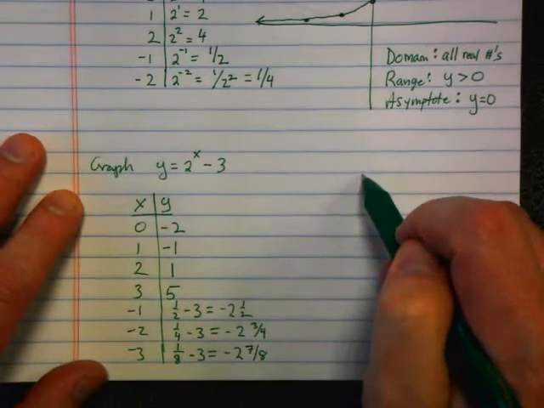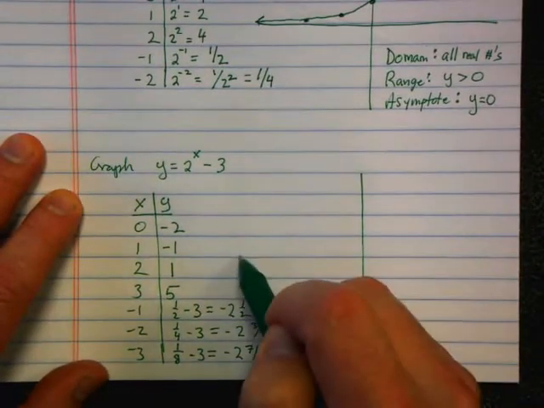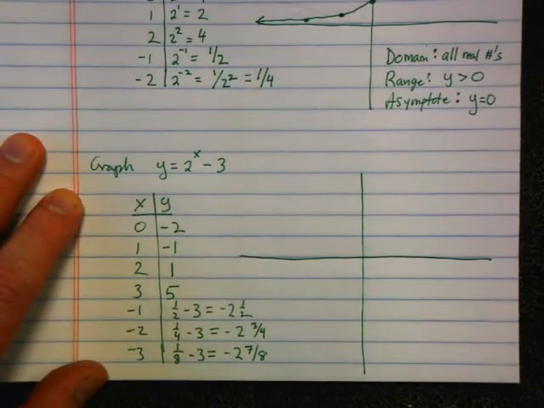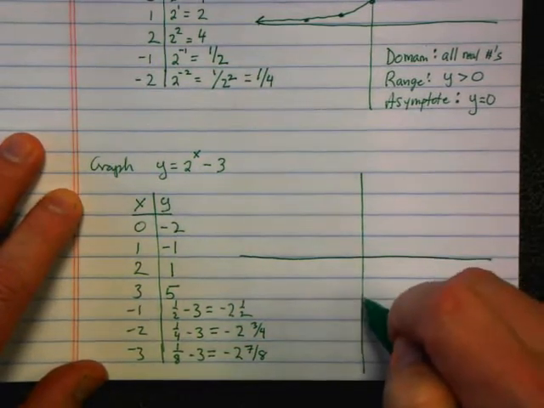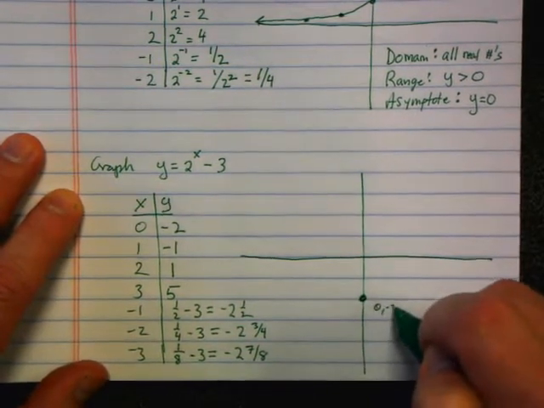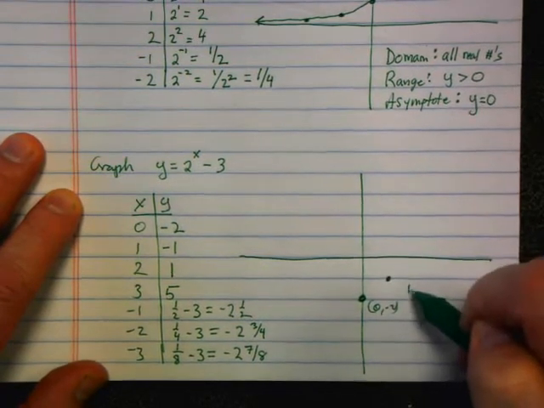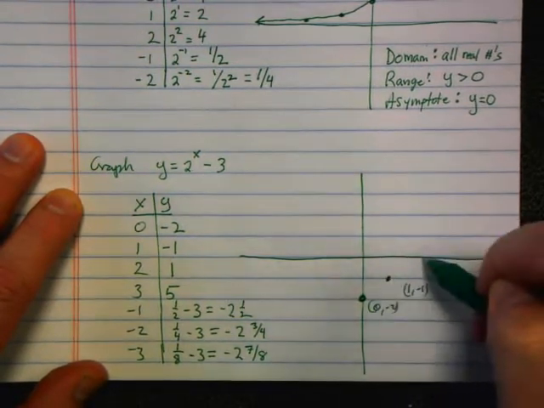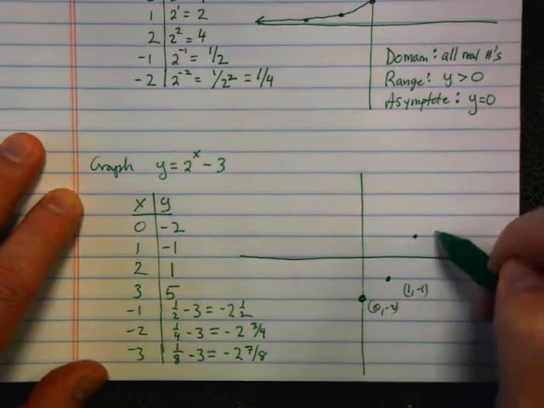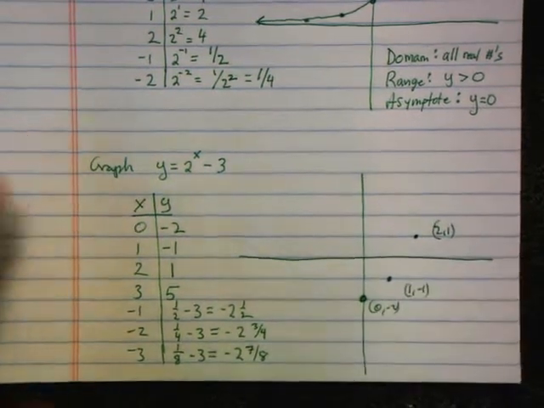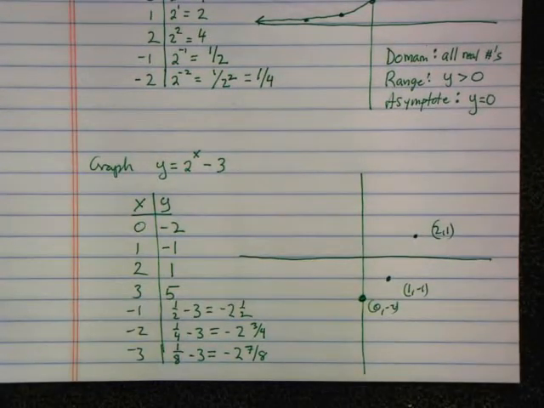All right, so drawing our graph. We have (0, -2), (1, -1), (2, 1). So when I draw those first 3 dots, it almost looks like a line, doesn't it?